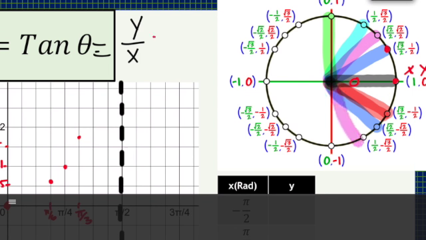So negative pi over 3 is going to be negative radical 3 over 2 divided by 1/2. The 2's are going to cancel, of course, and then we're going to end up with negative radical 3, which we just figured out a second ago was 1.73. By this time it's negative, right? Negative 1.73.